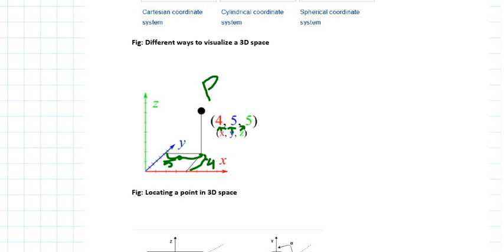Now you have to go to the vertical direction, and the distance from the point to the z-axis is 5 again. That means this distance is 5.